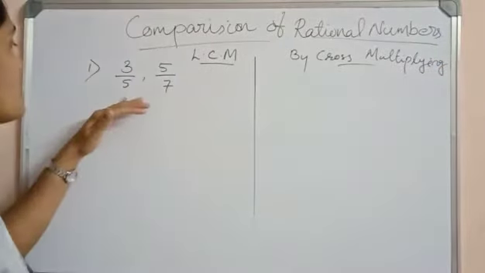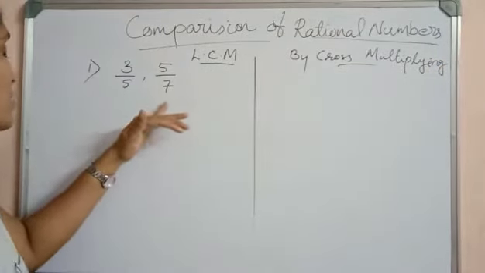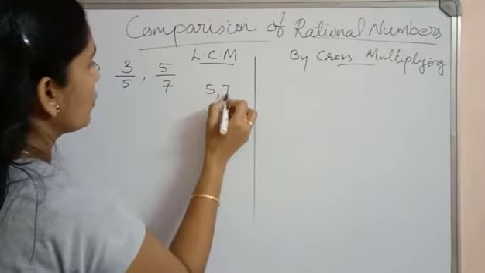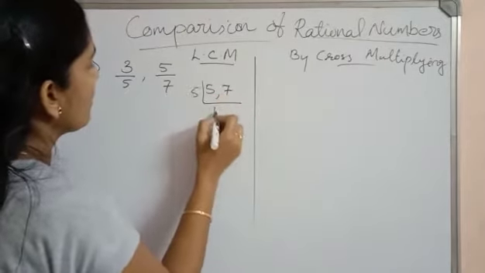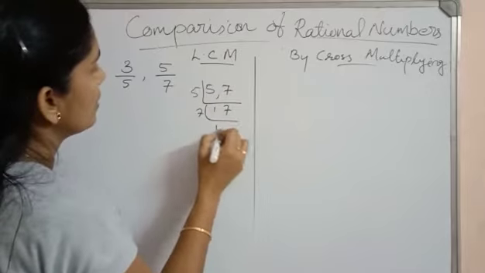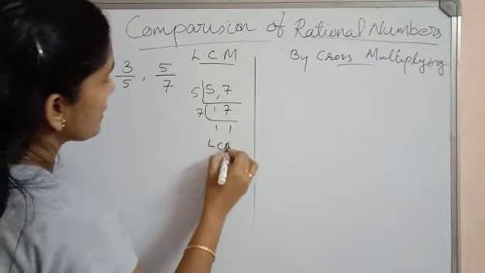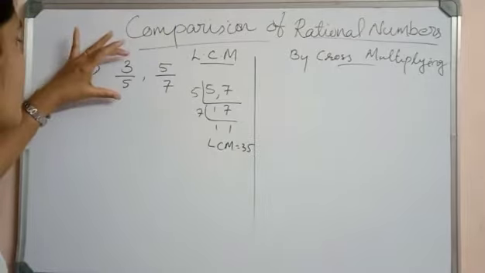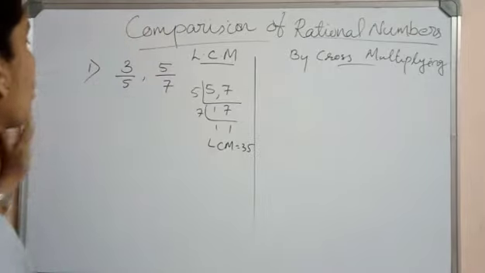Okay, look at that. The first one is 3 by 5 and 5 by 7. So what we do first, we have to find the LCM of 5 and 7. The LCM is 35. What we have to do? We have to make both rational numbers with the same denominators.